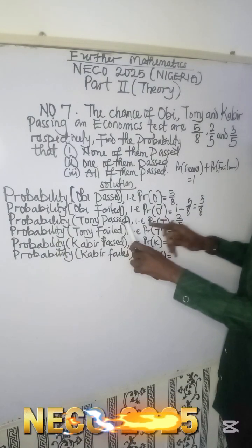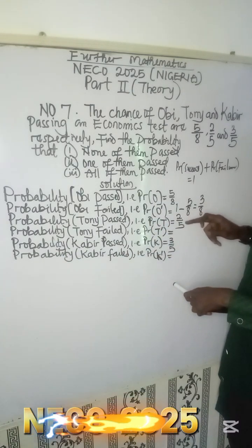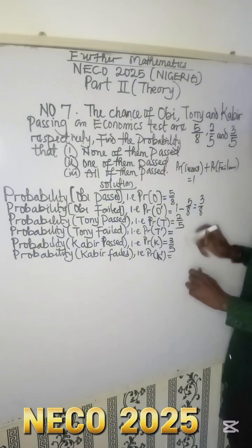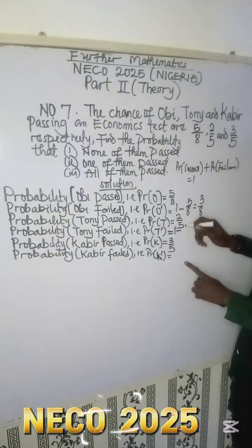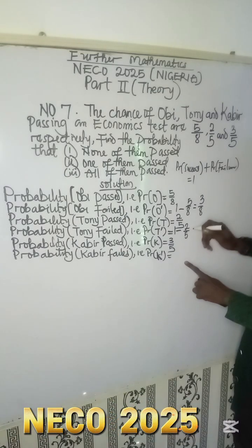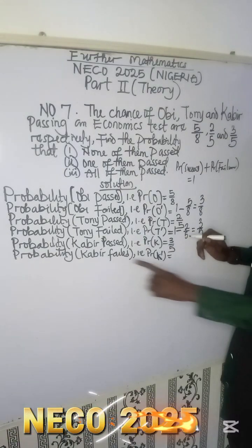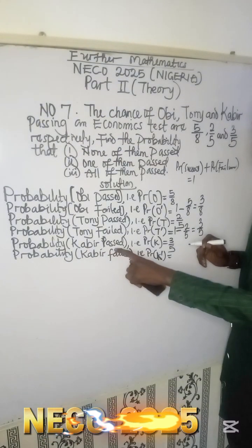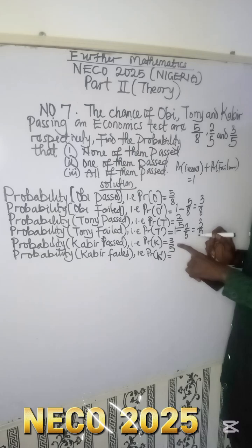The probability that Tony will pass is 2 over 5. This means that the probability that Tony will fail is 1 minus 2 divided by 5, and you will get 3 divided by 5. The last person here, the probability that Kebir passes is 3 over 5.